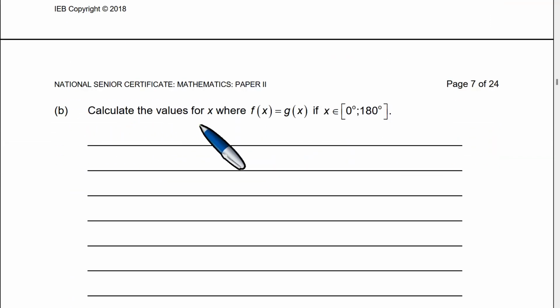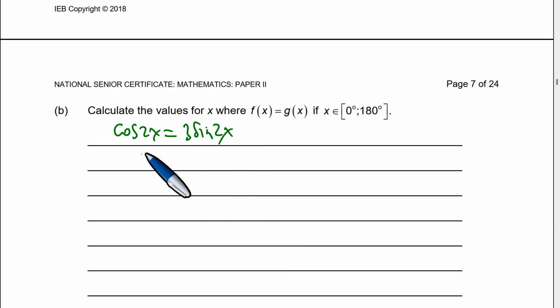Determine the values of x for which f equals g, if x is an element of the interval there. So the f function is cosine 2x, and the g function is 3 sine 2x.